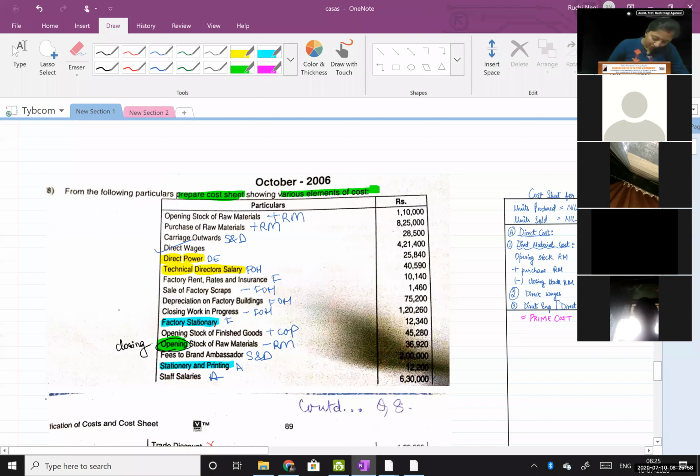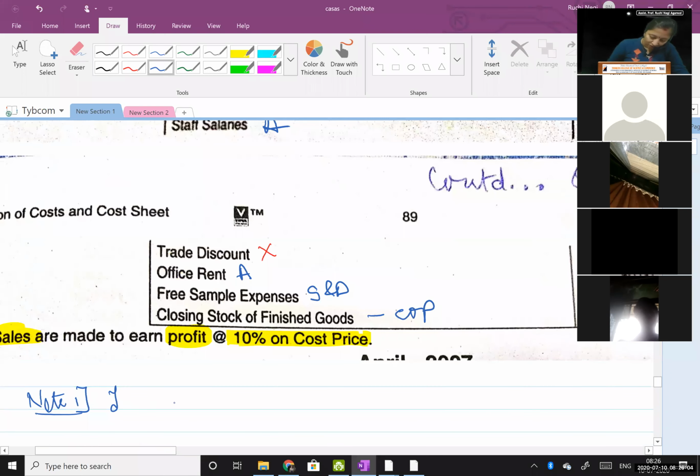Note number one, trade discount. Trade discount is a financial expense excluded from cost sheet.